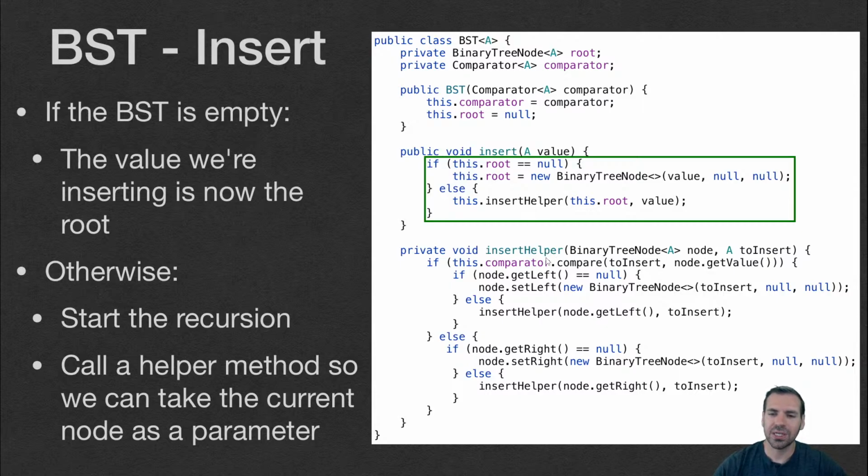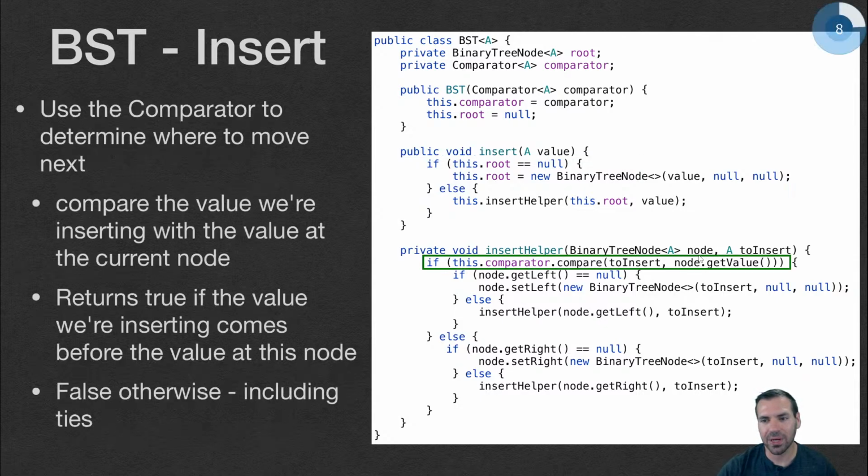So the recursion is going to say, okay, I got this node. It's initially the root, but we can be at any point in the recursion. And we want to know where this value should go in this tree. So we're going to use our comparator. We're going to compare the value that we want to insert to the node's value, and we could do the opposite check. We could compare this in the opposite order.